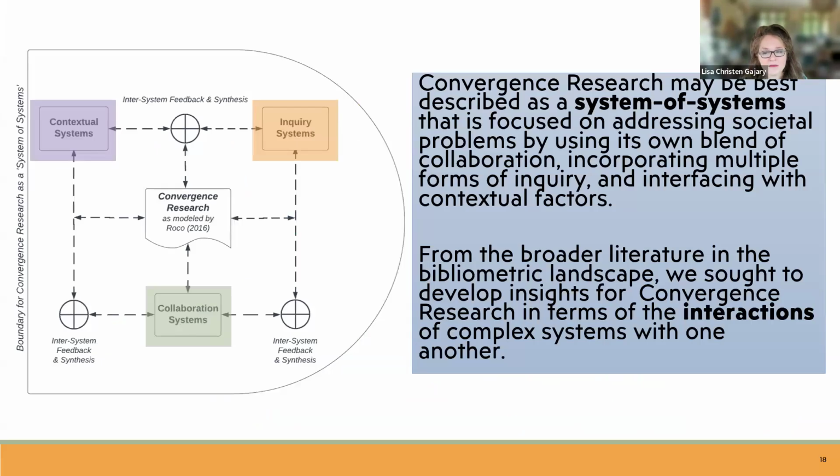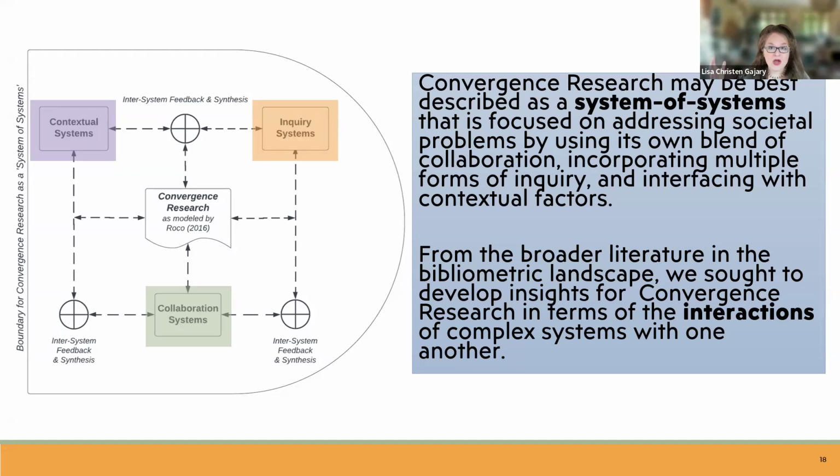So what we came up with is that, to begin to understand convergence research and conceptualize it in a way that's meaningful for answering those questions of how do we do it and how do we know it's successful, we began to think about convergence research as not just a complex system, as Bainbridge and Rocco brought all those elements of complex systems into the understanding of convergence research.